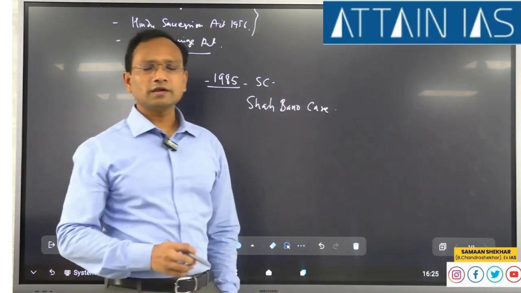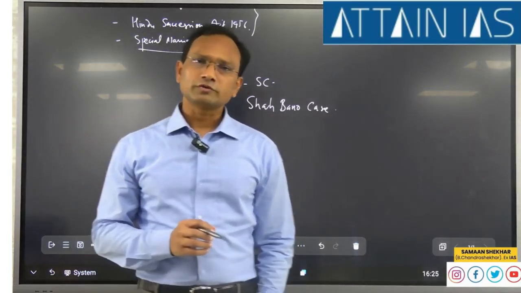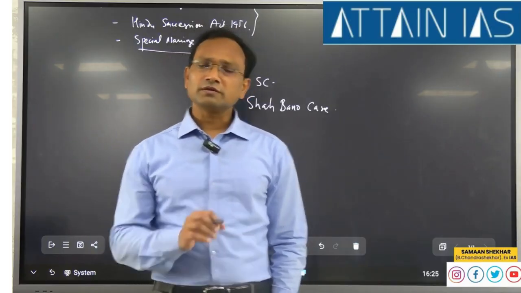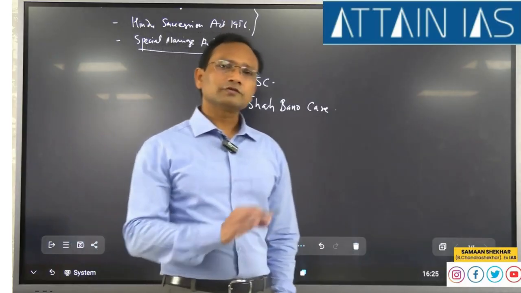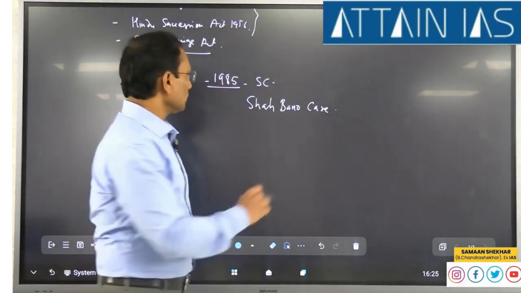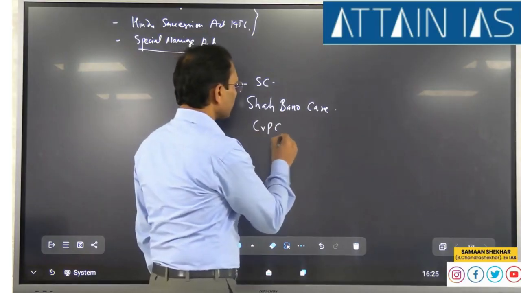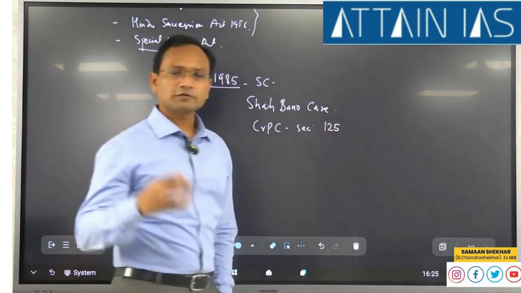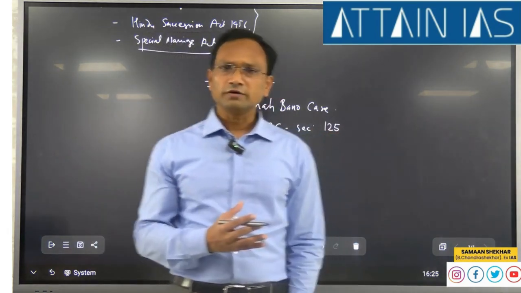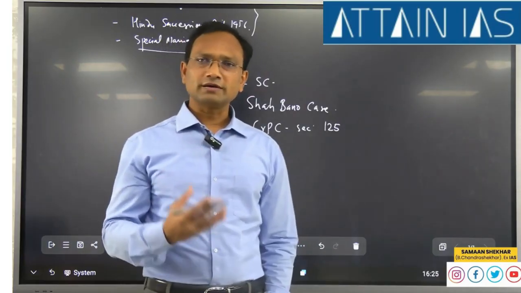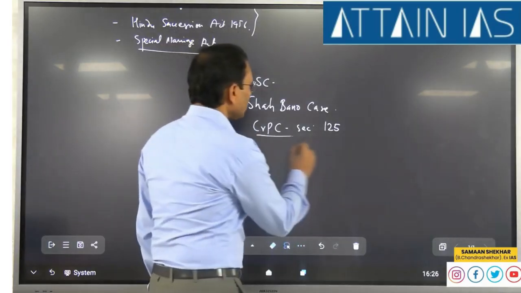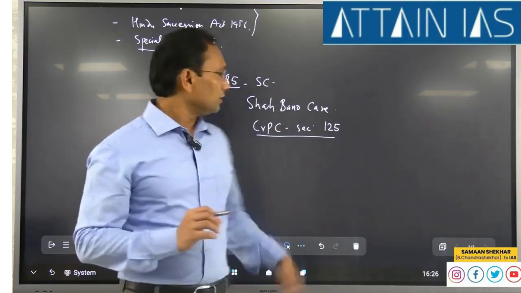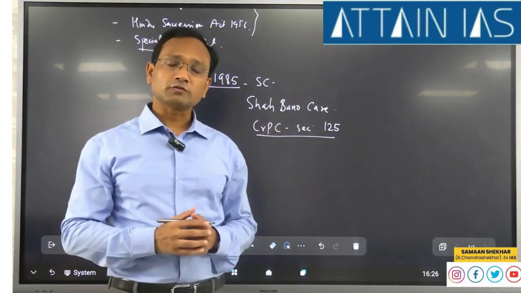In this case, the Supreme Court said that Muslim women have the right to seek maintenance under a secular law, Section 125 of the CrPC, which provides for maintenance of wives, old age parents, and children as well, and said that Muslim women can be given maintenance under CrPC Section 125.